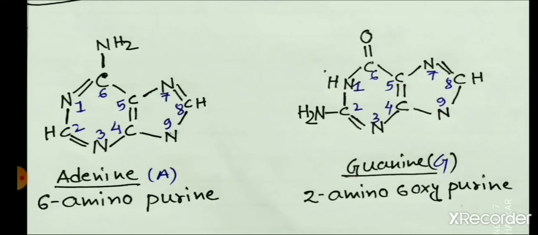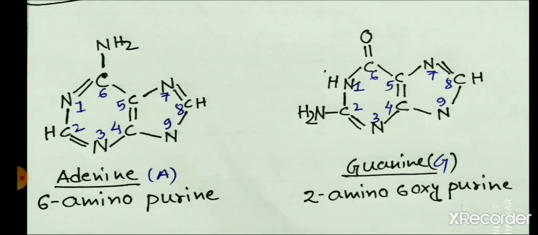So in the second picture we see the chemical structure of the nitrogenous bases present in DNA. We can see that there are two purine bases, one is adenine and one is guanine. In adenine there is a ring structure.